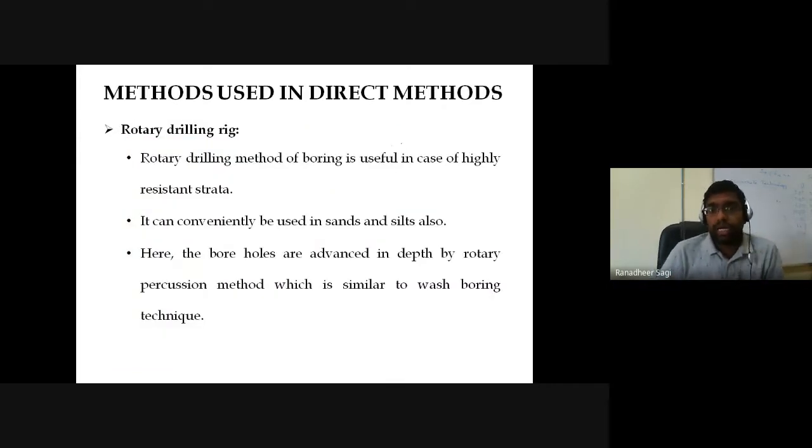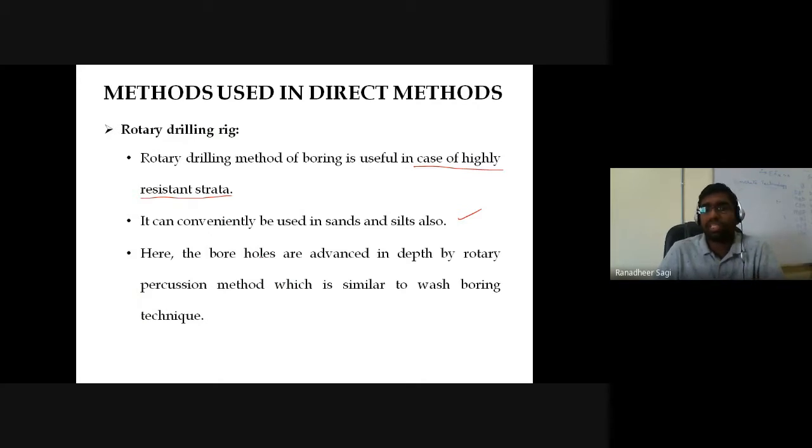The rotary drilling method of boring is useful in the case of highly resistant strata, in the sense of strata which have relatively high resistance against shearing. It could be a rocky strata, or it could be a highly stiff soil strata. It can also be conveniently used in the case of sands as well as silty soil deposits.